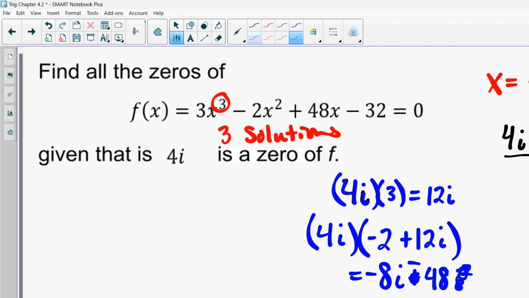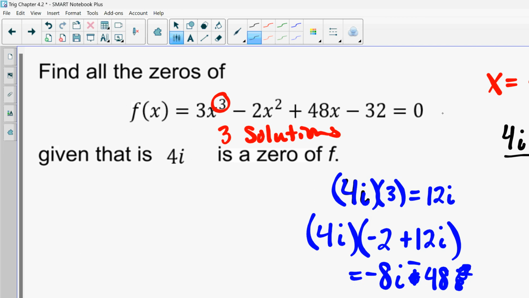Add straight down. Negative 32 plus 32 is 0. The last number under the line is the remainder, which tells us for this here that 4i divides into this evenly. Questions on this so far?